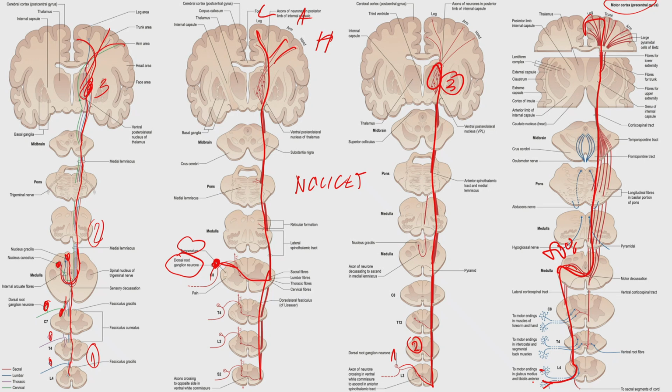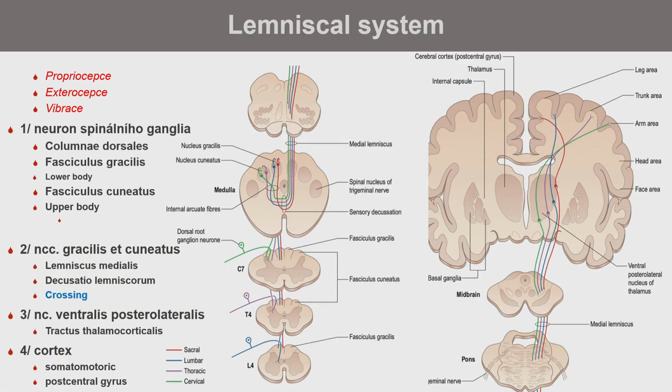So look at those schemas which are from Gray's neuroanatomy, the large Gray's neuroanatomy, where they are localized. Then you could very easily understand the distribution of the somatotopic organization.